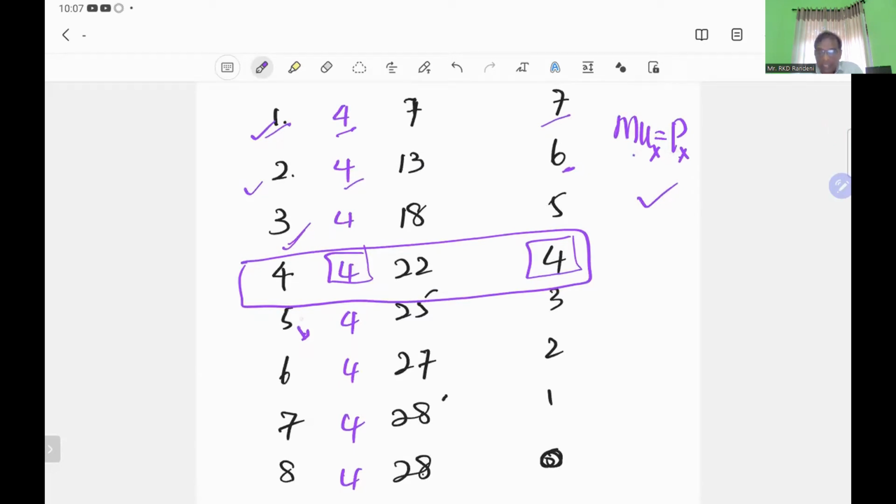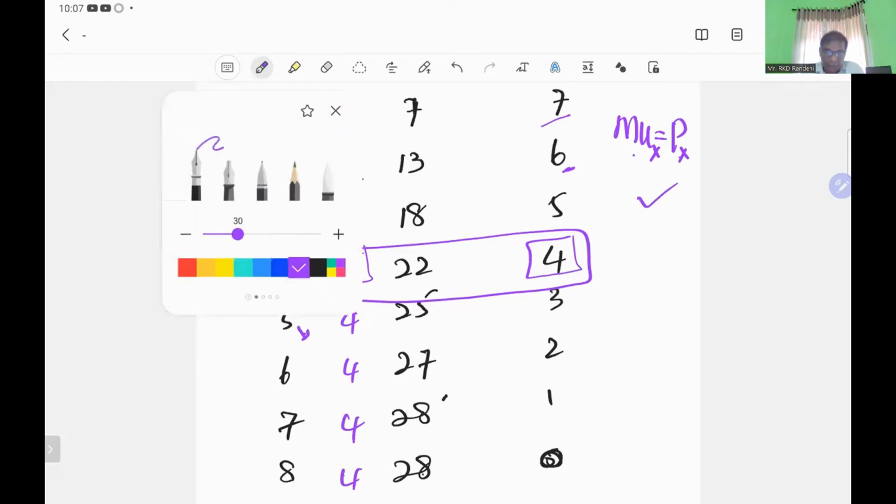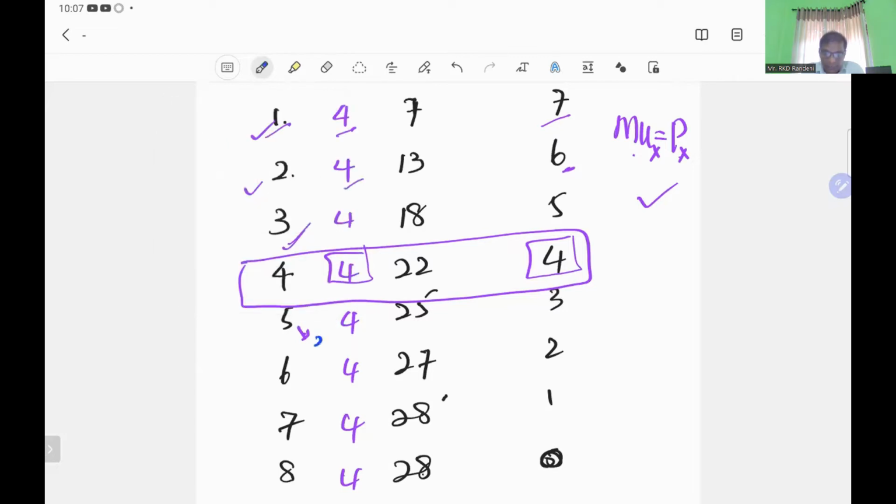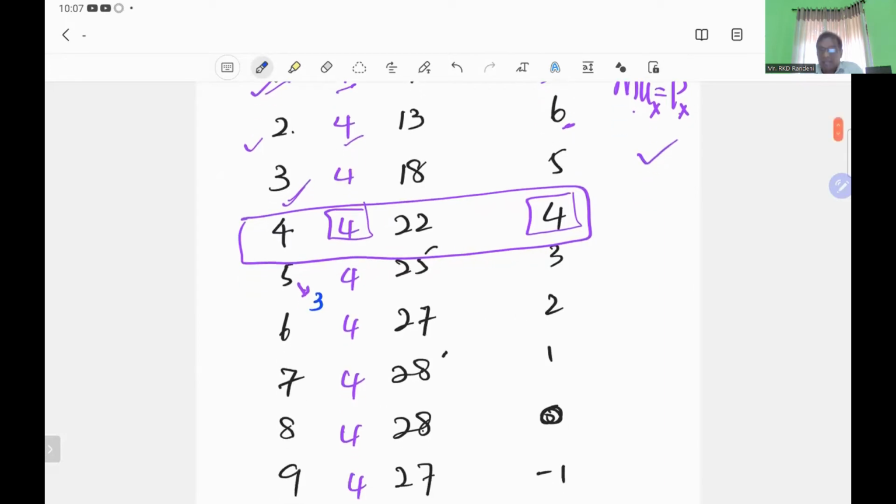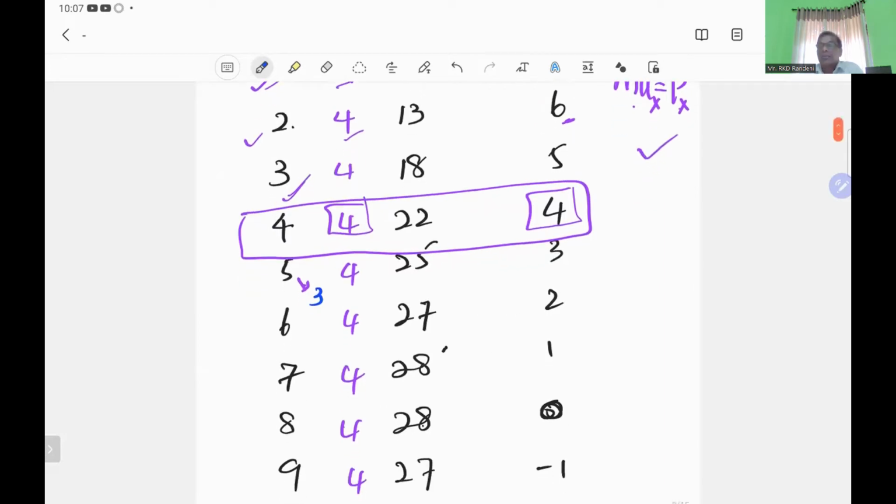So he will definitely purchase the fifth one when the price is 3 rupees. Price is 3 rupees. Can you realize? Right? If you can't understand, then here you can realize again.